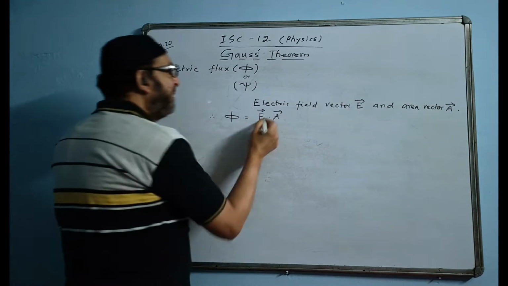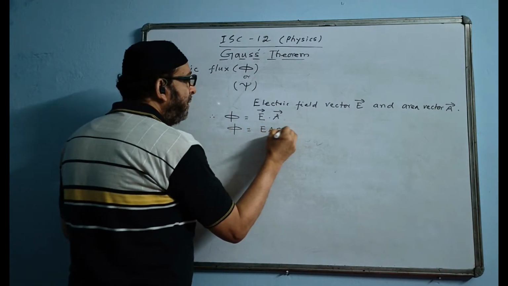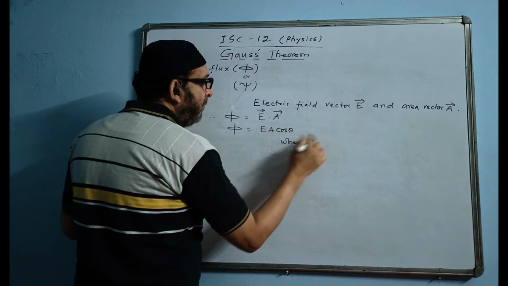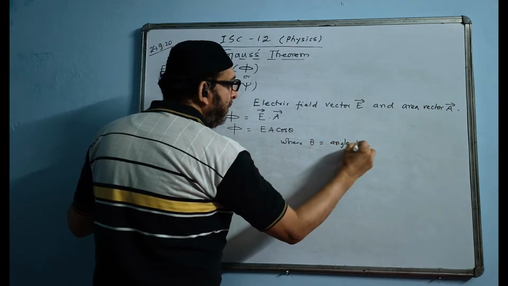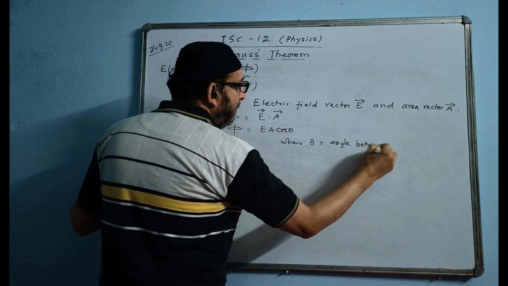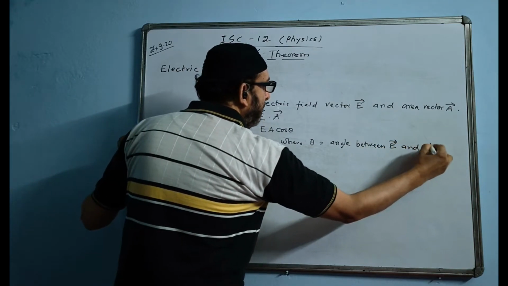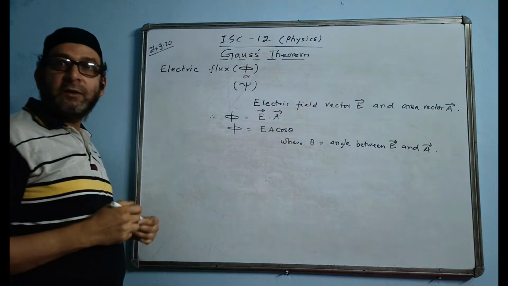If we expand it, it becomes phi is equal to E A cos theta, where theta is the angle between E and A, the electric field vector and the area vector. Theta is the angle between the two vectors.